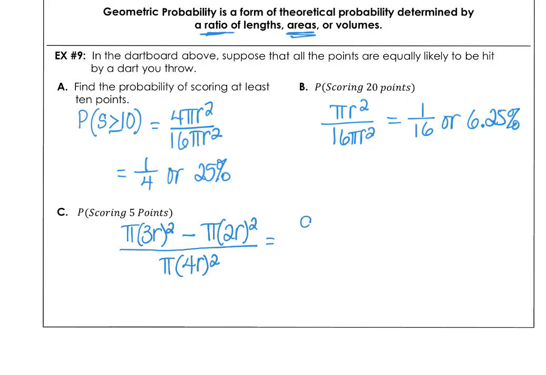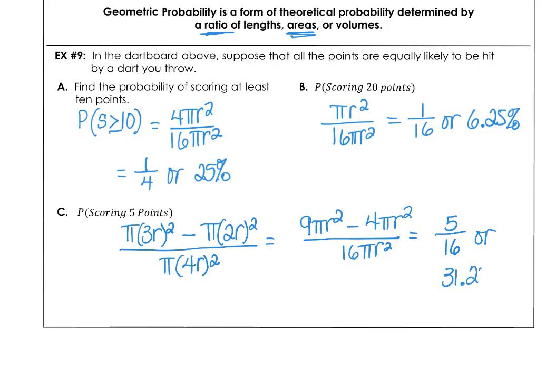So that looks like 9 pi r squared minus 4 pi r squared divided by 16 pi r squared. So we've got 5 pi r squared divided by 16 pi r squared. Our pi r squareds can cancel. So 5 out of 16 or 31.25% of the time you would score 5 points.